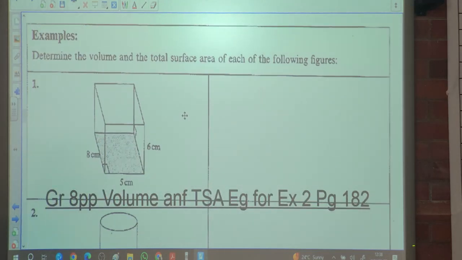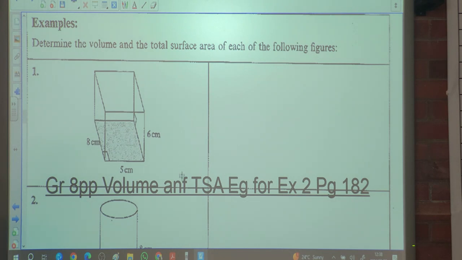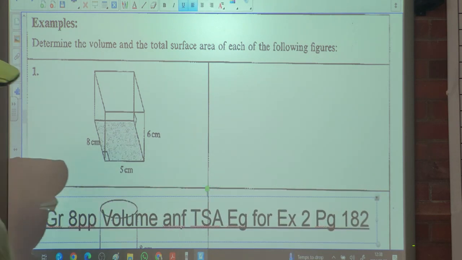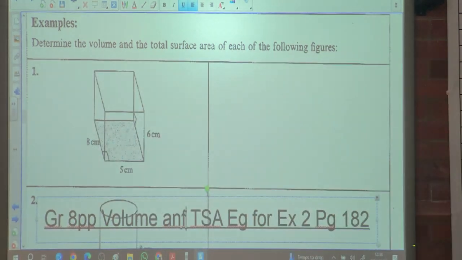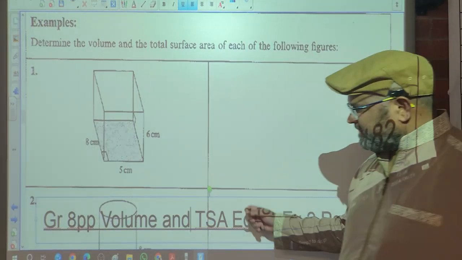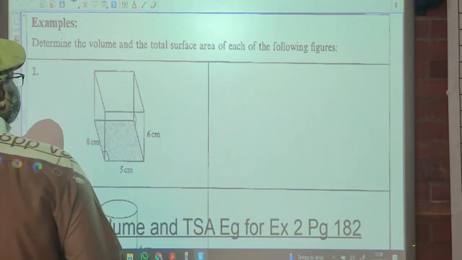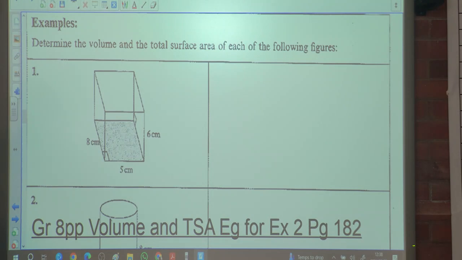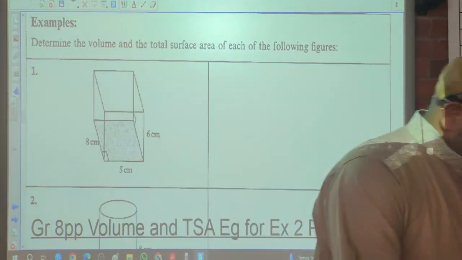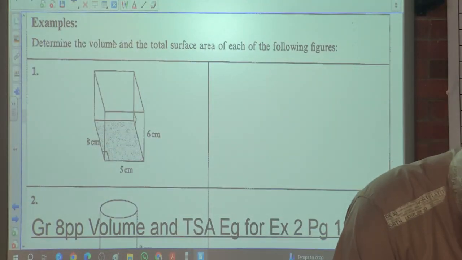Right, let's look at a couple of examples and how we actually apply these formulas. Determine the volume and the total surface area of each of the following figures. This is the example on page 181.